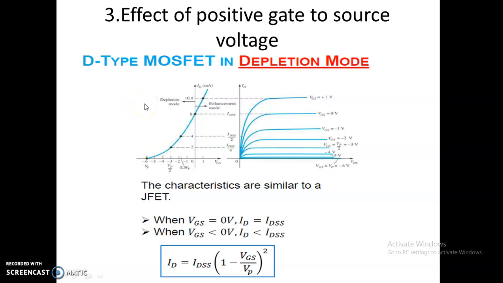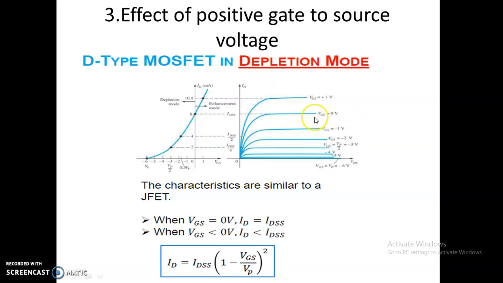The effect of positive gate to source voltage. If the gate voltage is made positive with respect to the source, then positive VGS will attract additional electrons from the N-type substrate due to reverse leakage current. These accelerated electrons create more electrons due to collision in the N-type channel. So drain current will increase as we increase VGS positive.